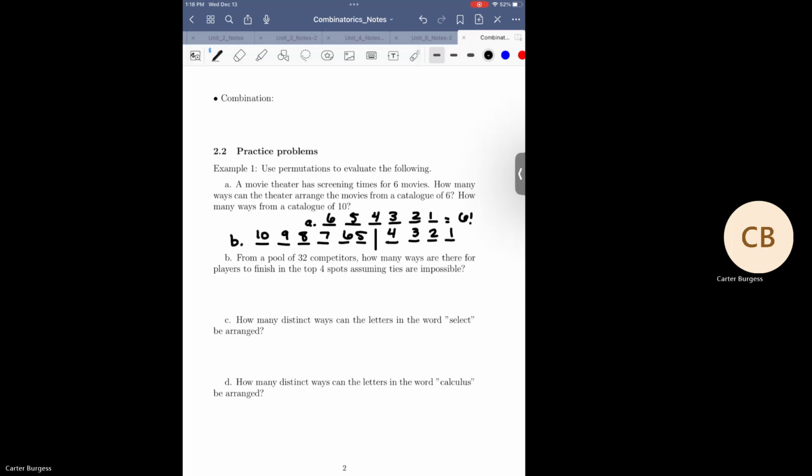Okay. Big question for you all. We said that the order does fundamentally impact the first 6, right? If we play a movie first or play a movie second, you get a different schedule. Does order change our outcome, change our schedule if we start shuffling around the last 4? No, we get the same roster.